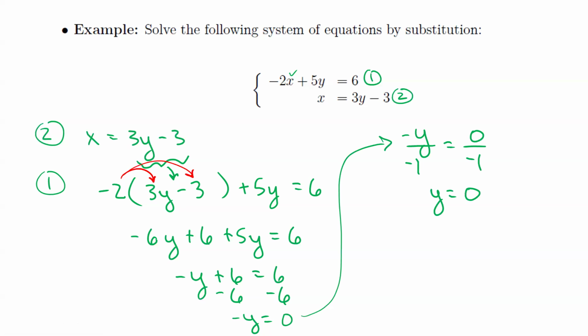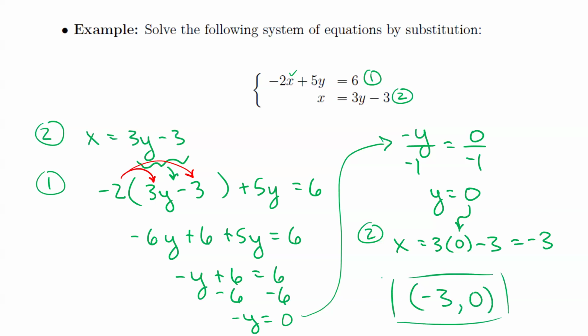Nothing wrong with x equaling 0, nothing wrong with y equaling 0. So we then plug it back into equation number 2. 3 times 0 minus 3. So the solution is negative 3, comma 0.